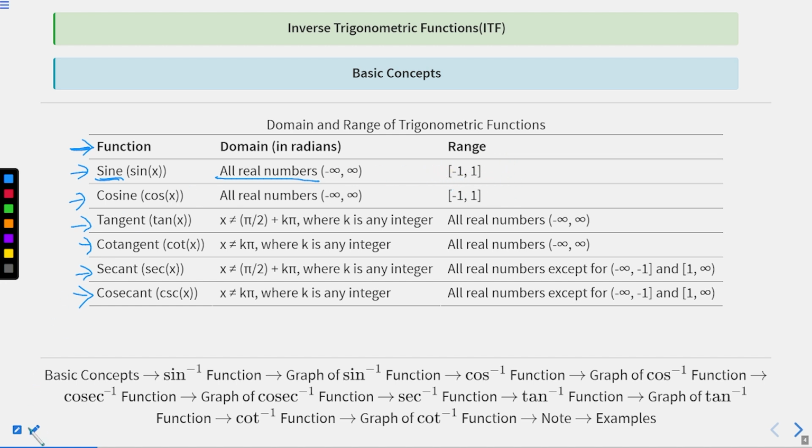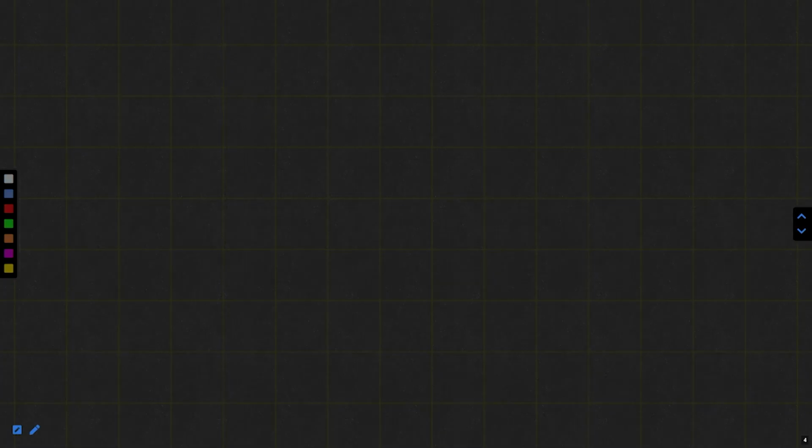If you recall the graph, the sine x graph looks like what? A wave. Like this. And where it is 0, these zeros, as you can see.